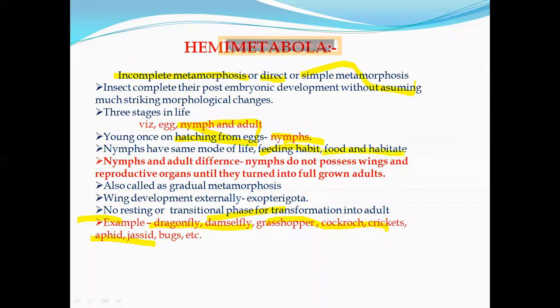Food and habitat are the same as the adult. The only difference is that the nymph does not possess wings. When it is the nymphal stage, the young one stage in hemimetabolous, the nymph does not have wings for flying. Even the reproductive organs are not completely developed in the nymphal stage until they turn into the full grown adult.